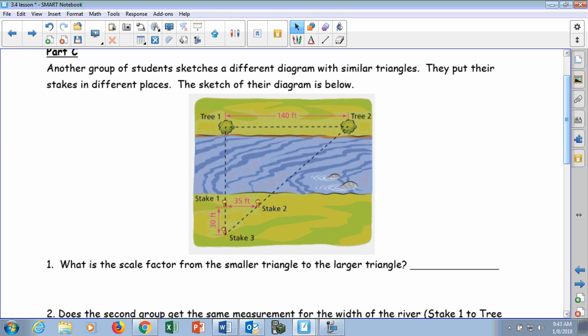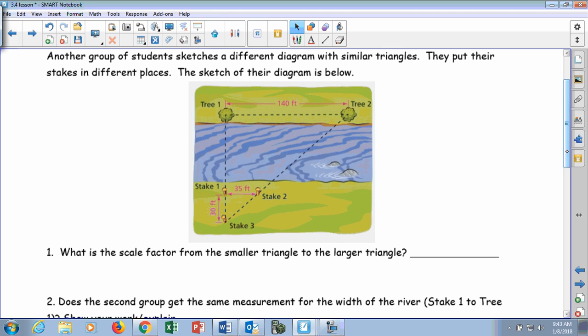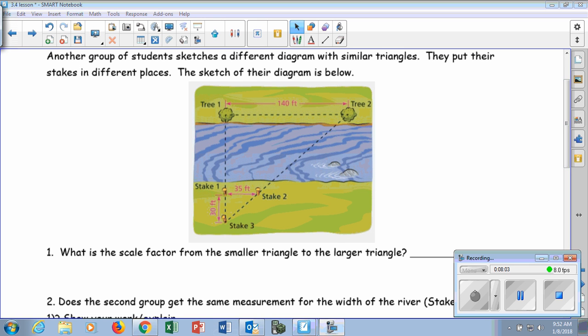And then it says, does the second group get the same measurement for the width of the river from stake 1 to tree 1? Okay. So you guys are going to work on that right now for, again, about 10 minutes. Just before the big hand is on the 11, we'll come back together. If we go the other way, it's a smaller number. From larger to smaller, it's going to be less. All right, so let's see what you guys can figure out here. Okay. A little bit different.